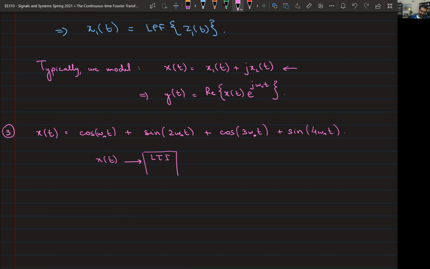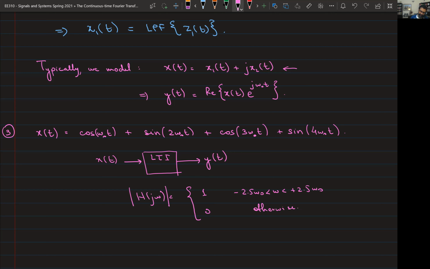And the output of the LTI system is, let's say, denote that by y of t. And the LTI system is a system which has a frequency response given by the following expression. The magnitude of H of j omega is equal to 1 for all frequencies between minus 2.5 omega naught and plus 2.5 omega naught, and is 0 otherwise.